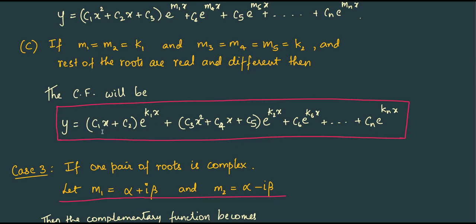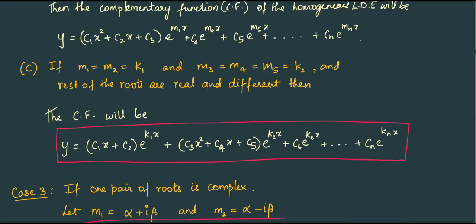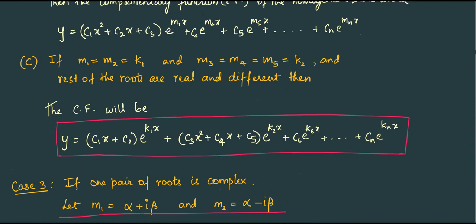Because there are two roots repeated, we get (c1x plus c2) e power k1x plus (c3x square plus c4x plus c5) e power k2x plus c6 e power k6x and so on. So this is the case of repeated real roots.